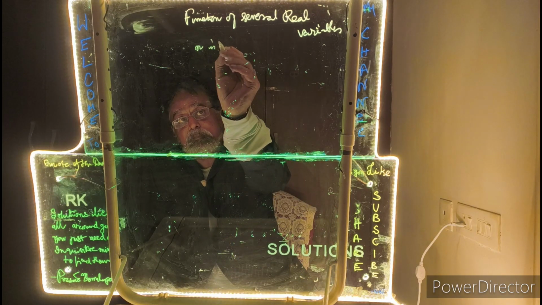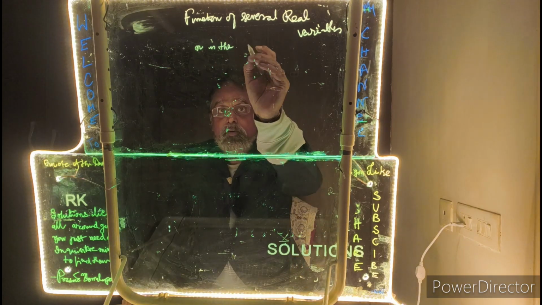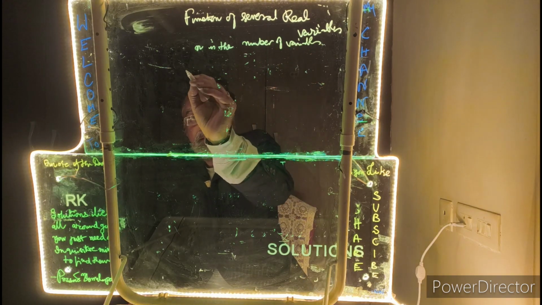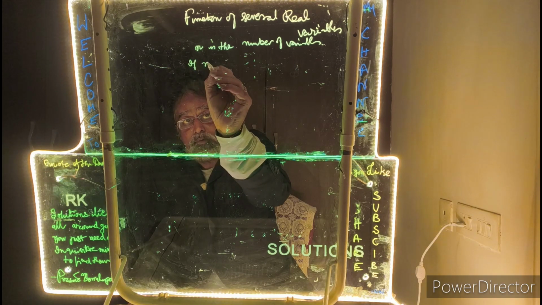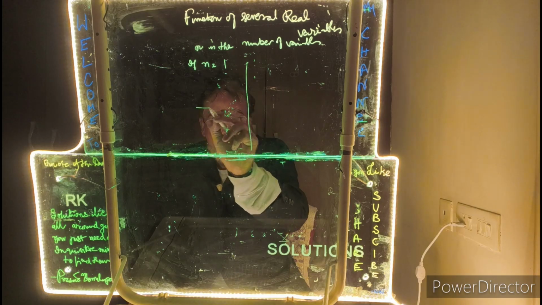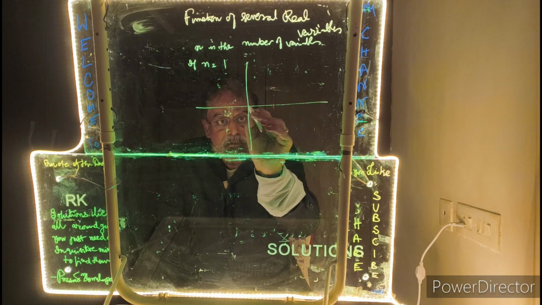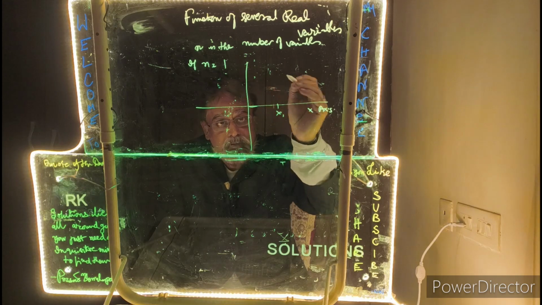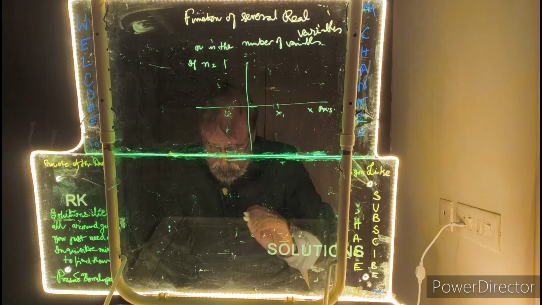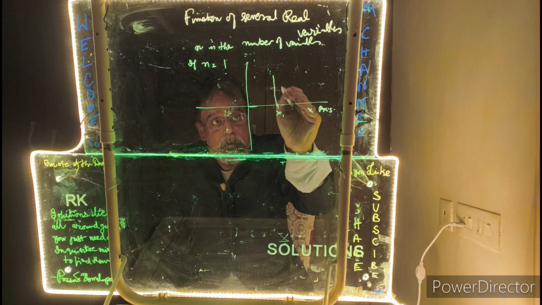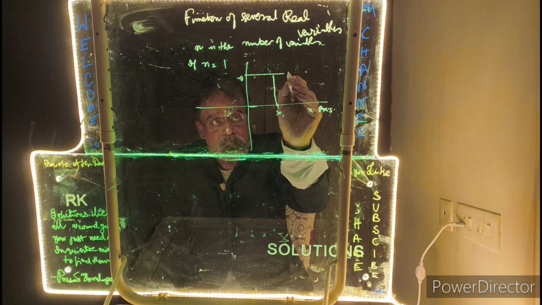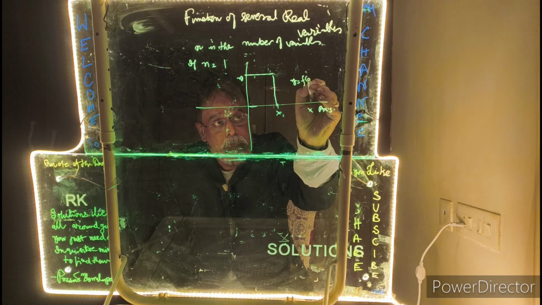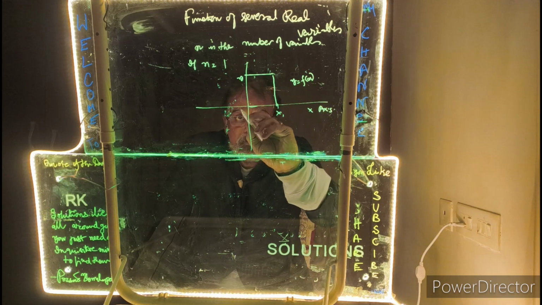So here we can represent this as follows. If n is the number of variables, then if n equals 1, obviously on the x-axis we have x1, the variable, and there is a y.